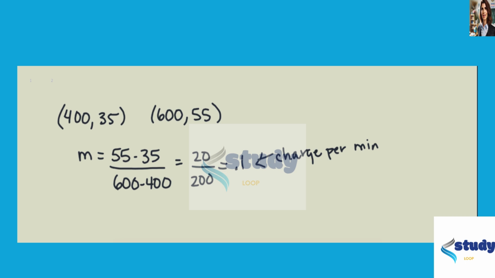Okay. Now what about the y-intercept for that line? So let's use y minus y1 equals m times x minus x1. And for my point, I'm going to plug in just the (400, 35). You could use either one.